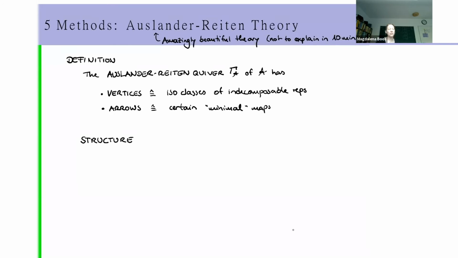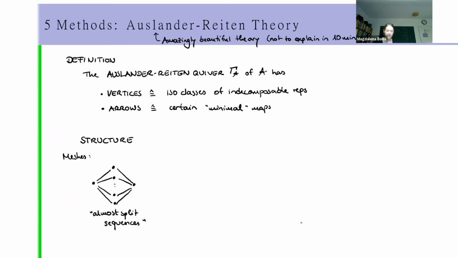This Auslander-Reiten quiver has a very, very nice structure, and this is given by meshes. It's a quiver, it has vertices, and it's made up out of meshes. These meshes look like this one, for example. We have one indecomposable on the left, one on the right, and one up to several in the middle, and from the left they are linked by maps to the right.